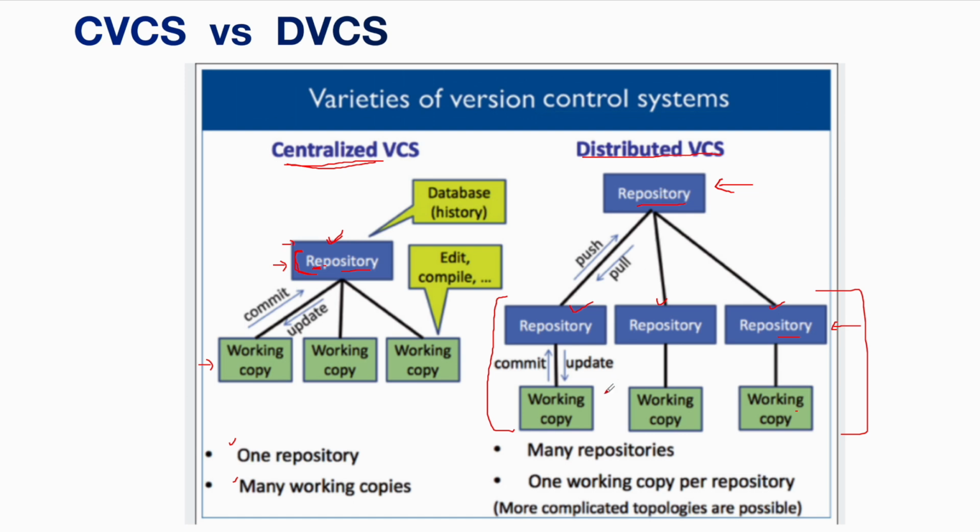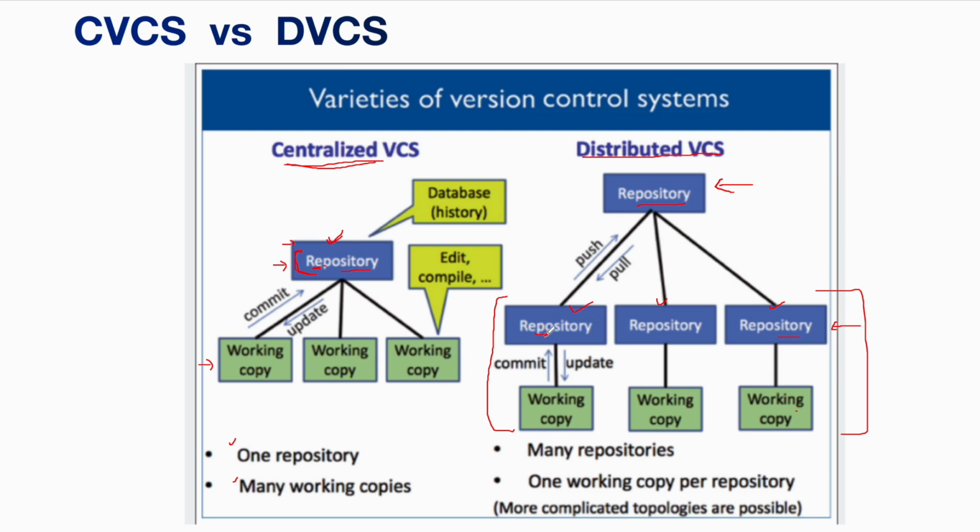Let us understand how it works. Here, every developer has a complete copy of the project on their own computer, right? Here, there are three different copies on separate computers. They can work offline and make changes to the file locally, without needing an internet connection.